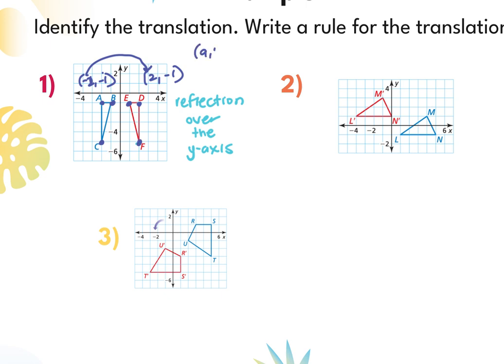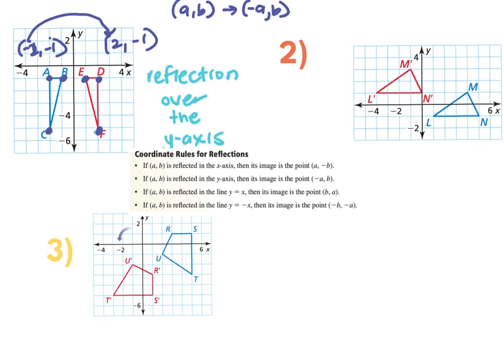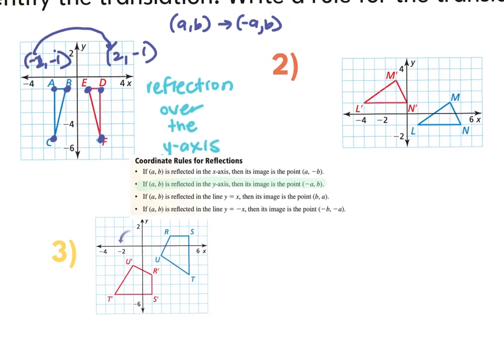So my (a, b) became (-a, b). I just pasted in the rules that we were looking at before for the reflections. And if you notice, the change from (a, b) to (-a, b) is when it's reflected over the y-axis. So it's consistent with what we found before.